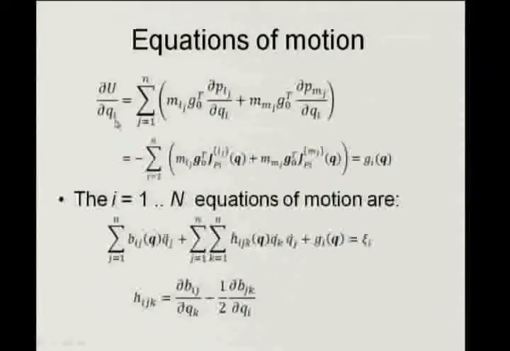Similarly you write the del U upon del qi term, expand it out, get into this form, and then you will end up with the equations of motion in this form. So Bij q double dot j and this summation, and then you have this hij term, where each hij is given by del Bij upon del qk minus half del Bjk upon del qi.